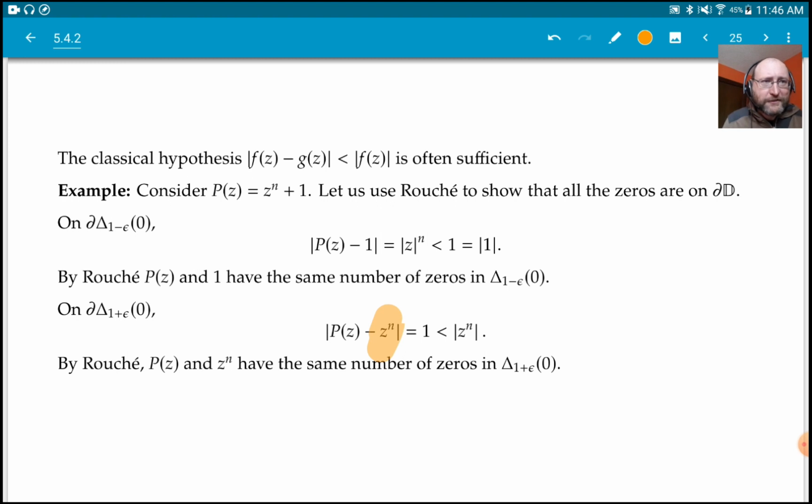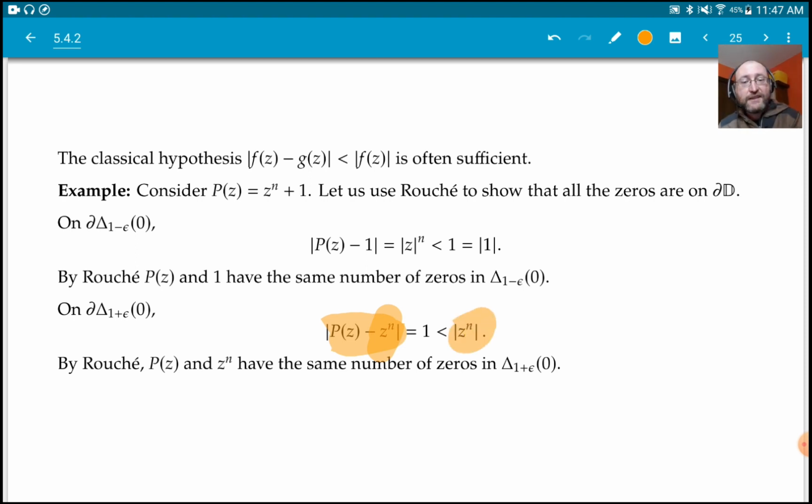Well, let's suppose that I don't know. And I know where the zeros of z to the n are. They're all at 0, right? I have n zeros at 0, right? And so I take a look at the difference, right? Well, that's just 1, right?